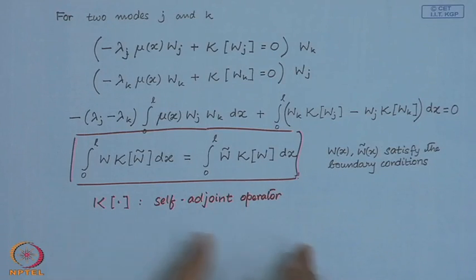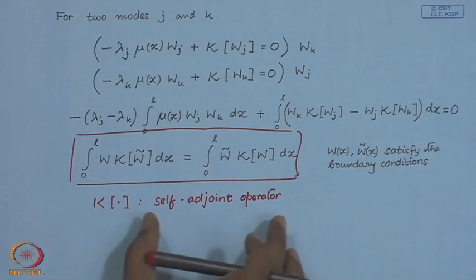Now, this self adjointness of an operator is connected to symmetry. As you know, this stiffness operator has a corresponding matrix. For example, in vibrations of discrete systems, you have come across the stiffness matrix.